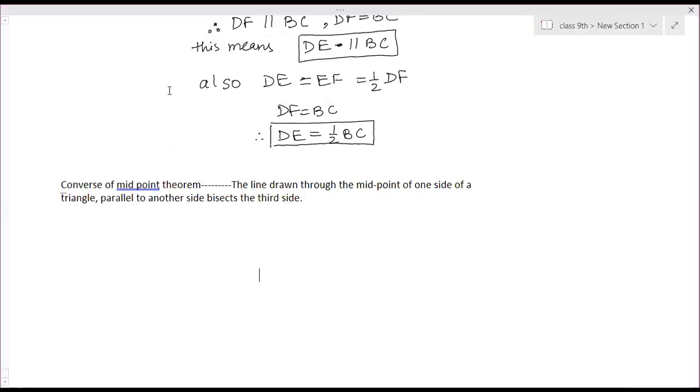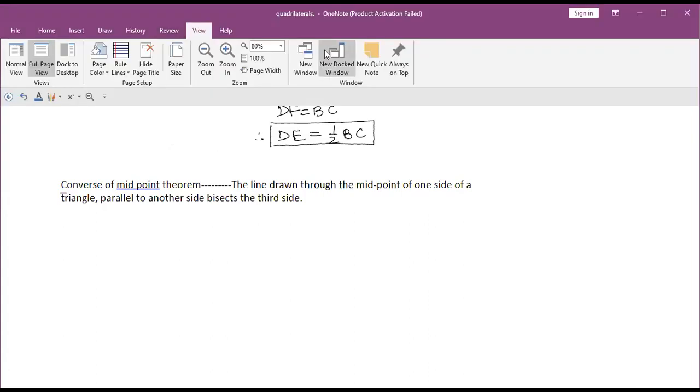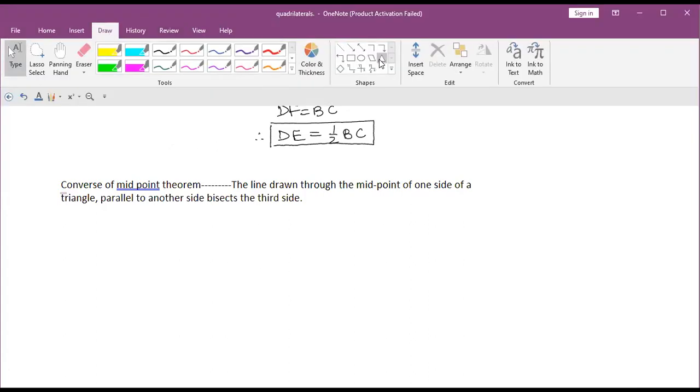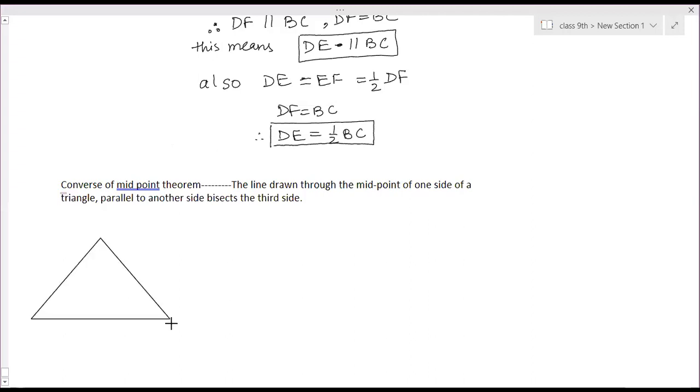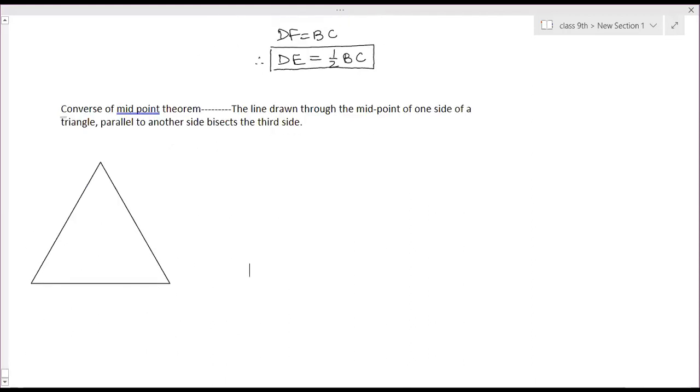Now, triangle ABC is a triangle. D is the midpoint. DE is drawn parallel to BC. Then we can say this point is the midpoint of the third side. If we take point E, then E will be the midpoint of AC.